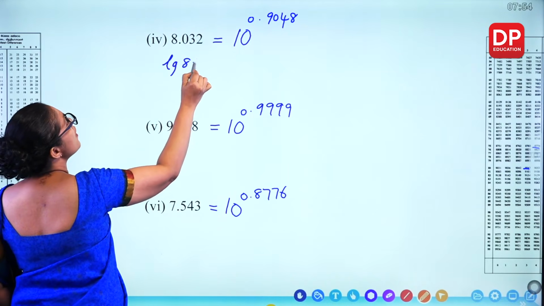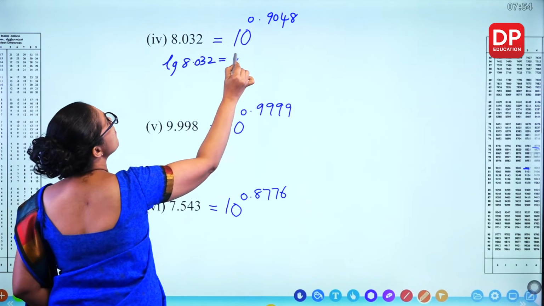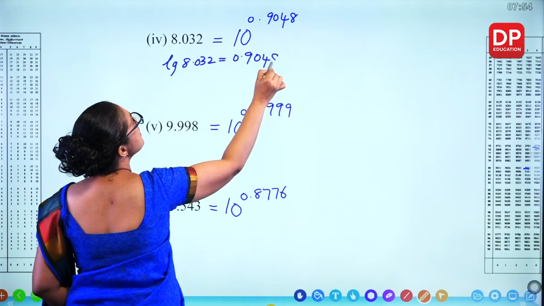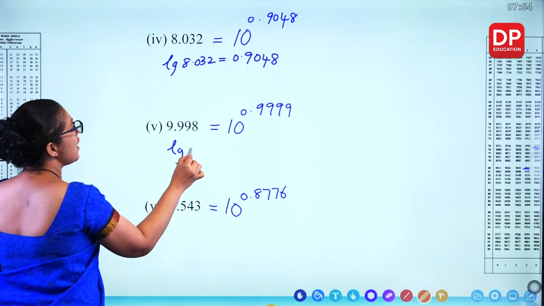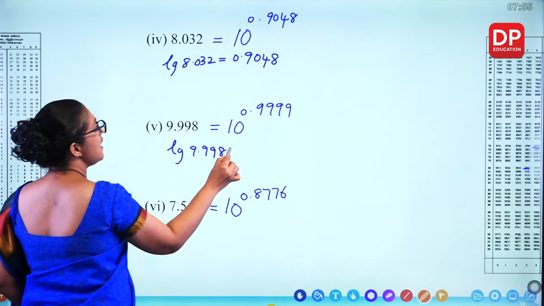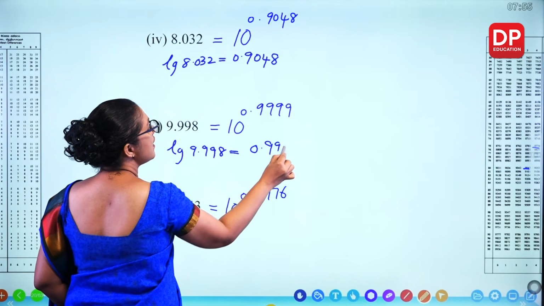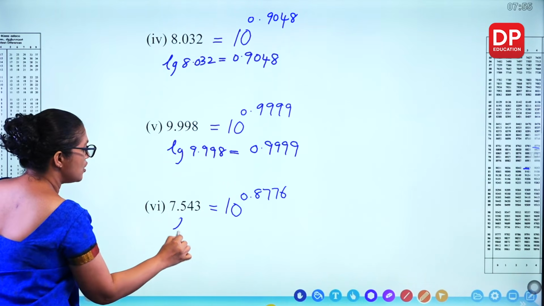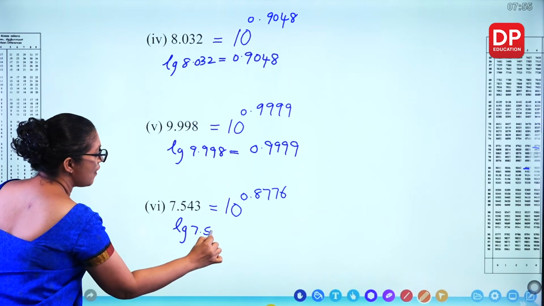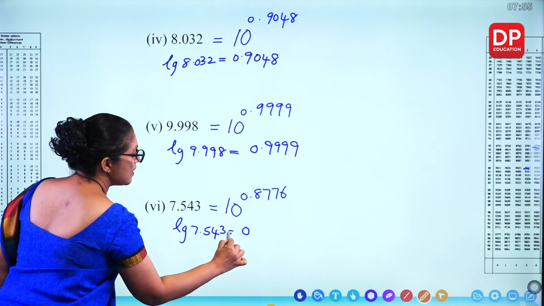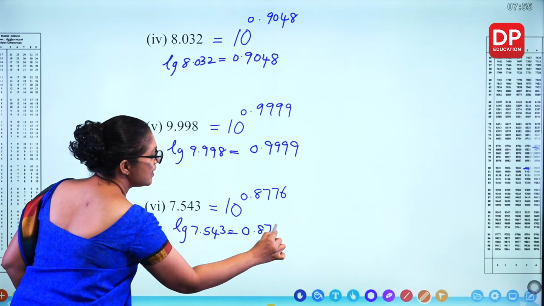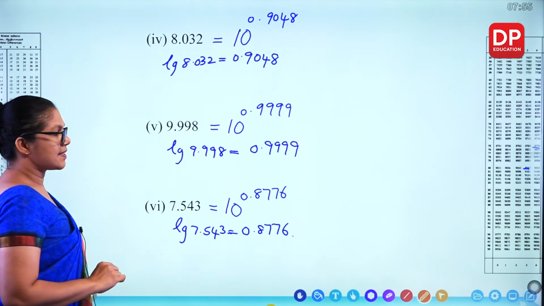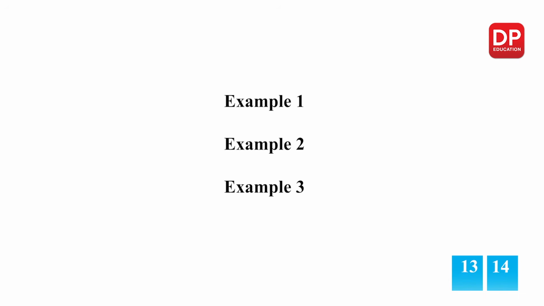LG of 8.032 is 0.9048. LG of 9.9998 is 0.9999. LG of 7.543 is 0.8776.